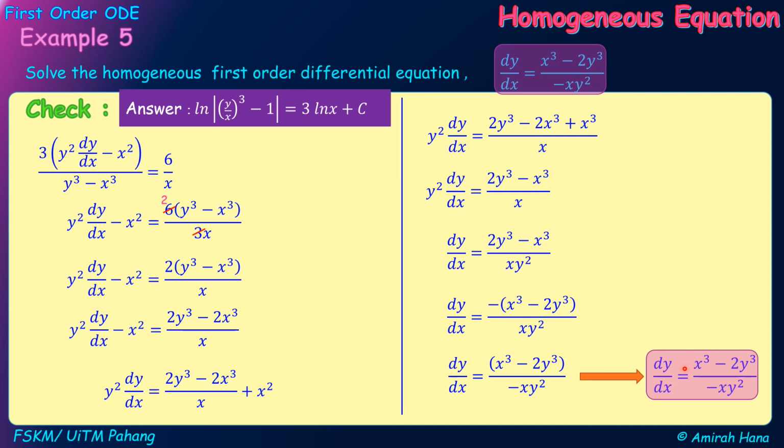Now, our dy over dx are equivalent. Then we check one by one. So it means that this answer is correct. So that's the way you check the final answer. Right? Got it?